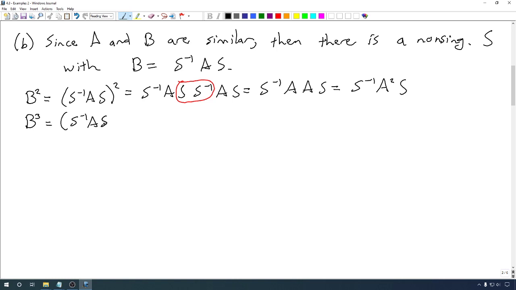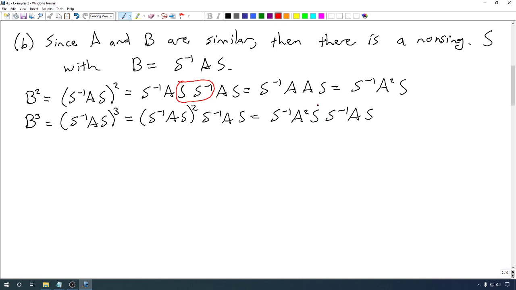So we have taking the cube of this thing, which just means that, well, we don't have to write it out as the product of 3 things. Let's look at the square times the S inverse AS. But we already know that the square of this is this over here. So this is really just S inverse A squared S, and then the S inverse AS.